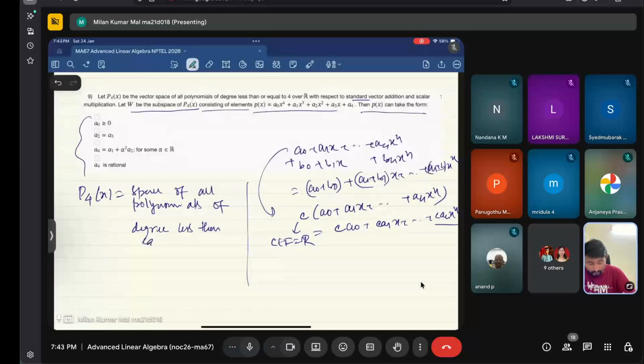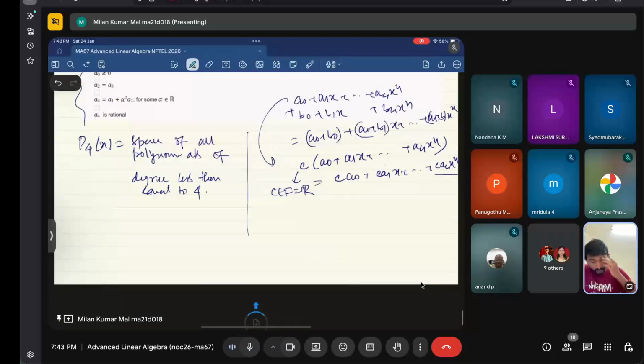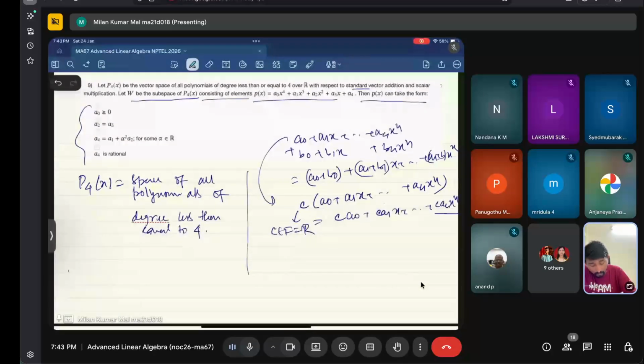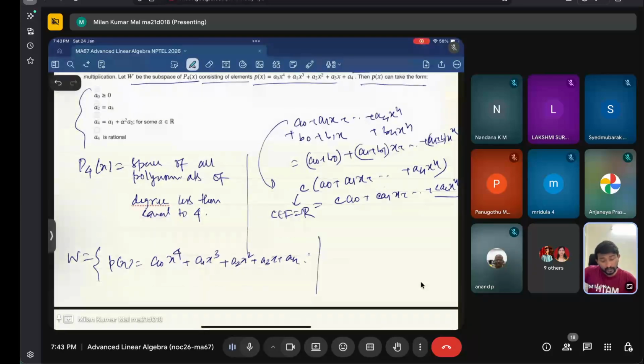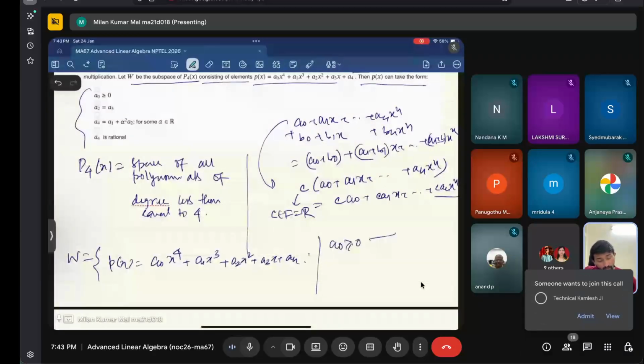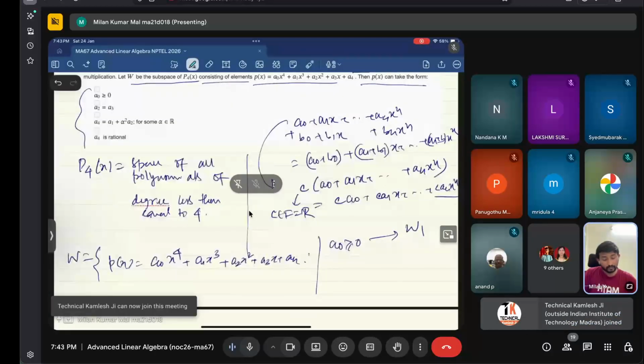And here is what is meant by W. W consists of all those entries p(x) equal to a0 x to the power 4 plus a1 x cube plus a2 x square plus a3 x plus a4, such that these conditions hold. If we have a condition like a not greater than or equal to 0, let's consider this as W1. These are the terminology.